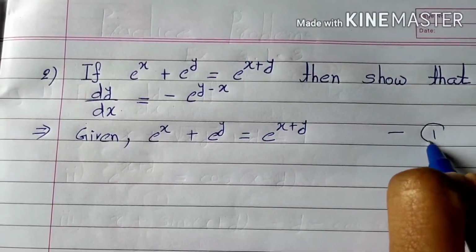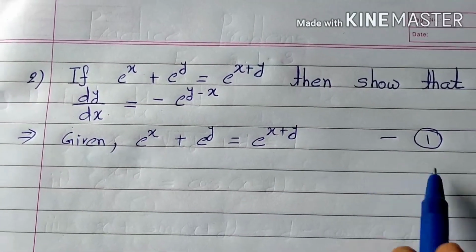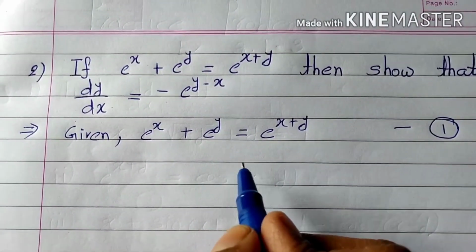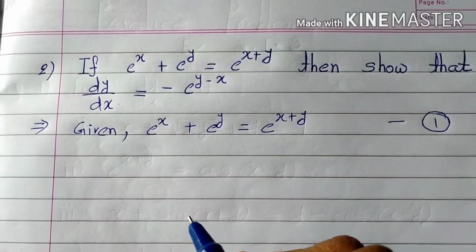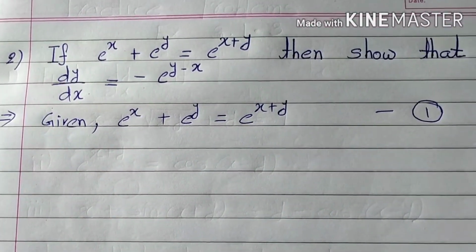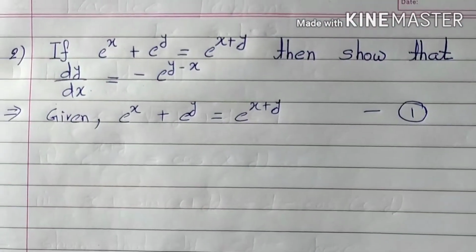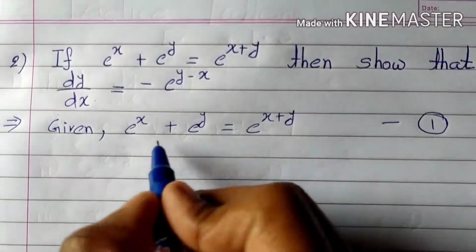Write it first, because we have to use it. Now you can differentiate directly, or you can take log here. Both are easy methods. So here I am differentiating directly.